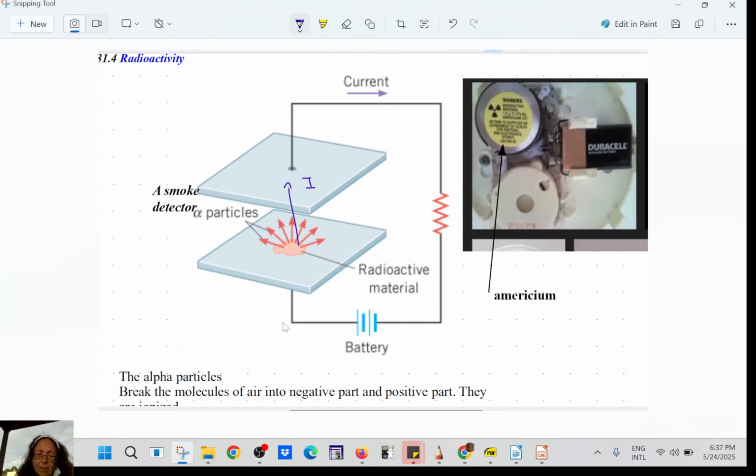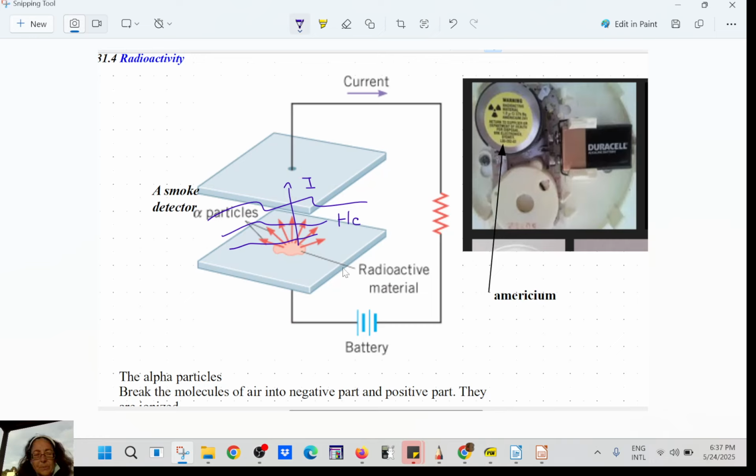Now, if you have a fire, you can have smoke. Okay, so smoke. So then the alpha particles, which are positive, are going to combine with the smoke particles and no electricity can flow.